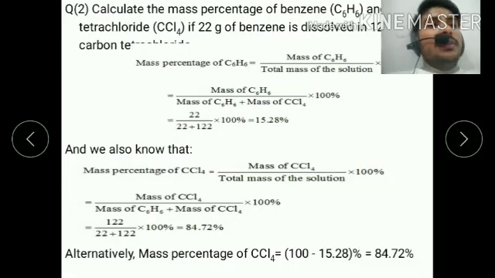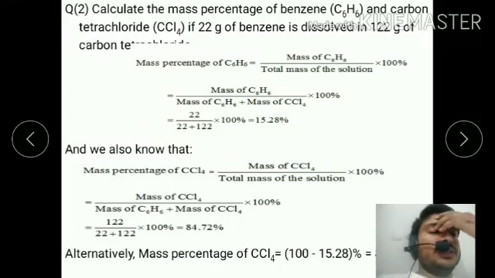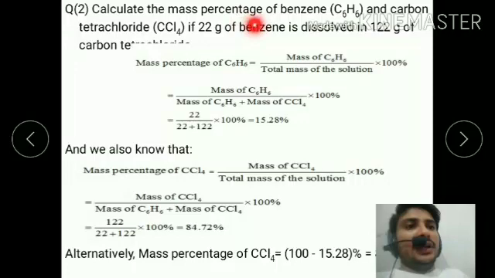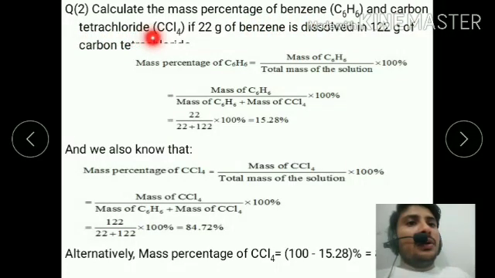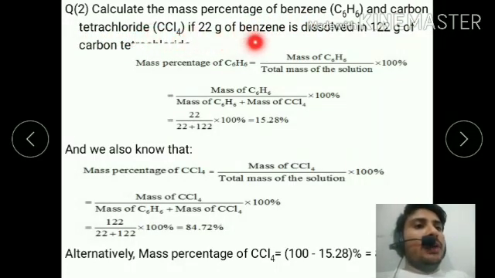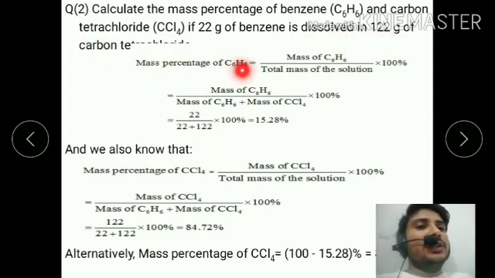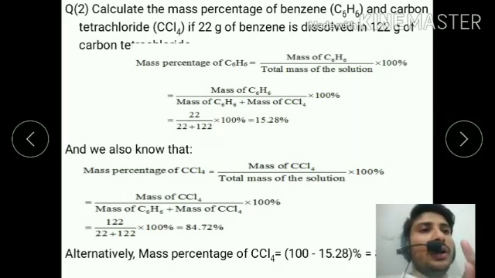There is another example of mass percentage. Calculate the mass percentage of benzene and carbon tetrachloride if 22 gram of benzene is dissolved in 122 gram of carbon tetrachloride. First we have to find the mass percentage of benzene, then we will find the mass percentage of carbon tetrachloride. There are two components, one solute benzene dissolved in the 122 gram of carbon tetrachloride.